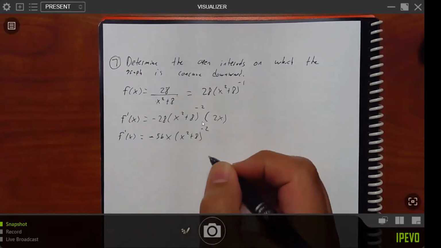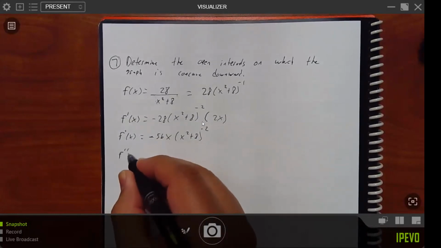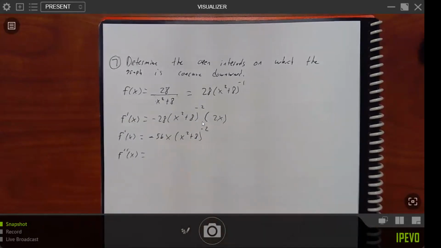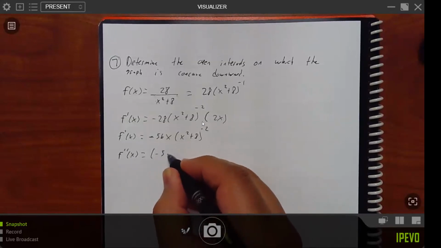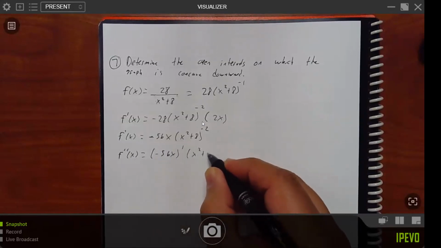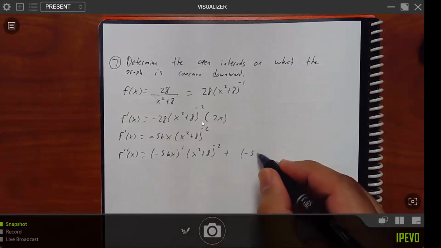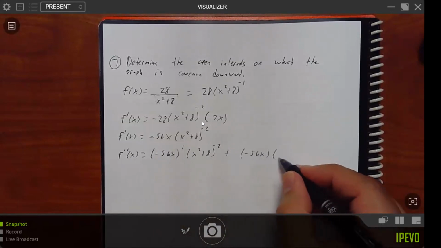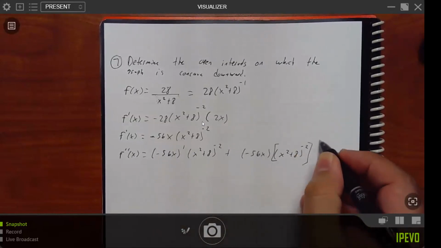You don't have to do the derivative this way if you don't want to. I just chose to do it for no reason. So second derivative will be derivative of the first times the second plus the first times the derivative of the second part. Right?